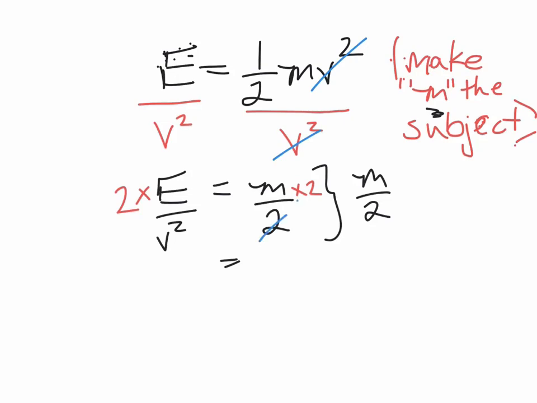My 2's cancel out on this side, so that leaves me with M equals 2E over V squared. And you'll remember from the note that I left you that the pronumeral that's the subject is usually written by itself on the left-hand side. So I'll rewrite this as mass equals 2 times kinetic energy over velocity squared. So there we've rearranged, or made M the subject.